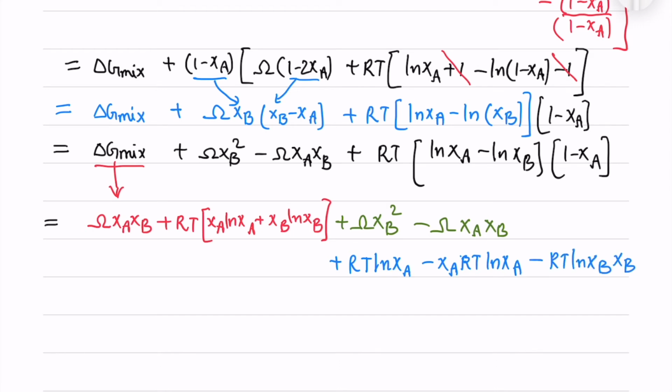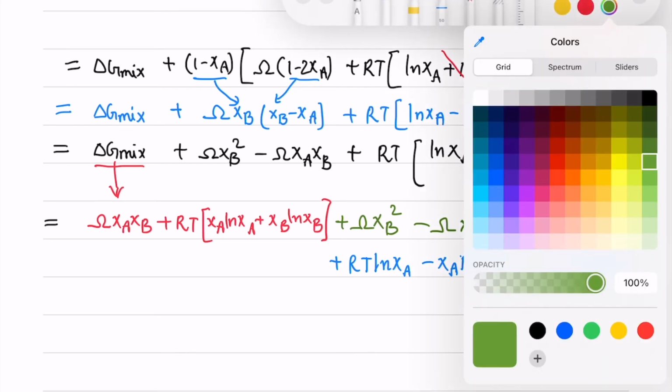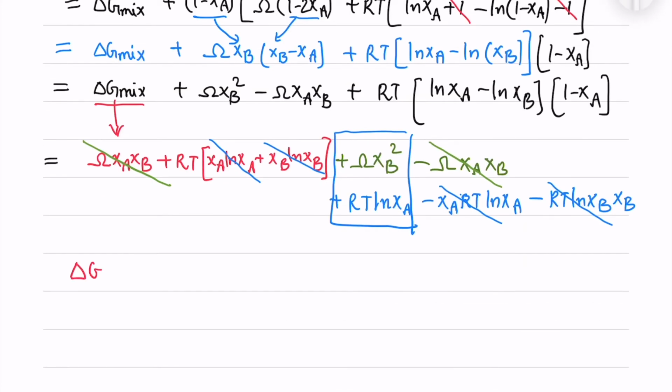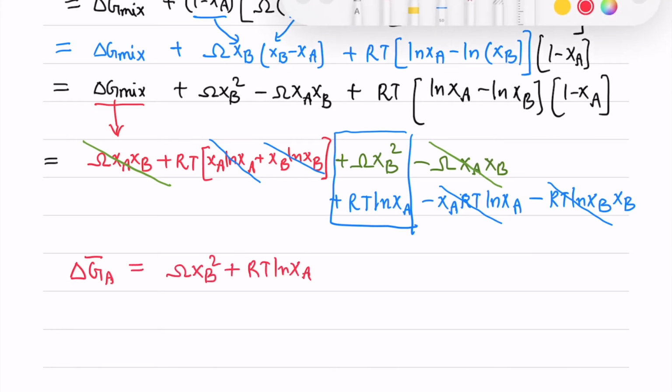I can cancel a few terms here because there is subtraction. So I cancel omega xa xb and I cancel the configurational entropy part. So I am left with two terms. Those two terms are omega xb square plus RT ln xa.